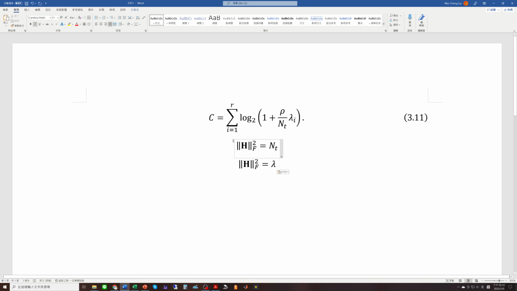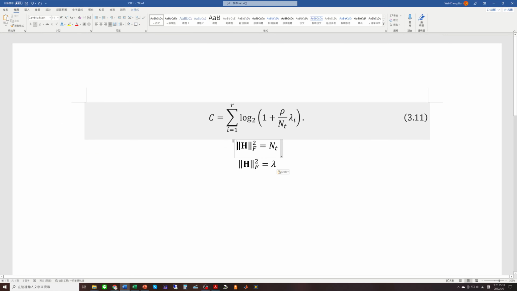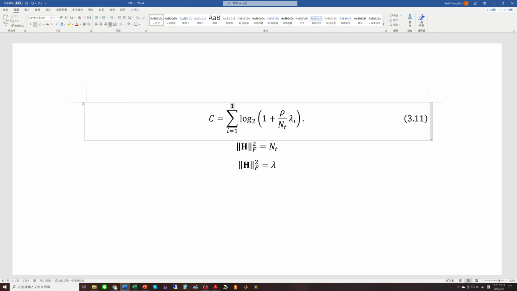Now we can see that lambda is equal to NT. Because we are considering the MISO system, it can be proved that the rank of H is equal to 1, so R is equal to 1.